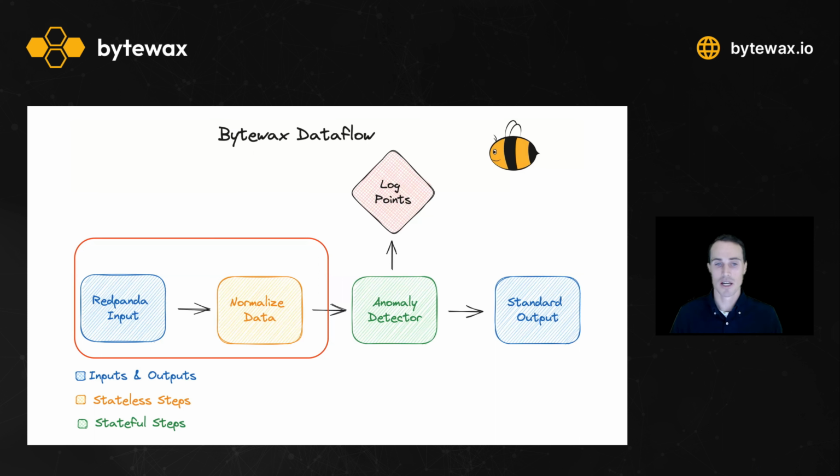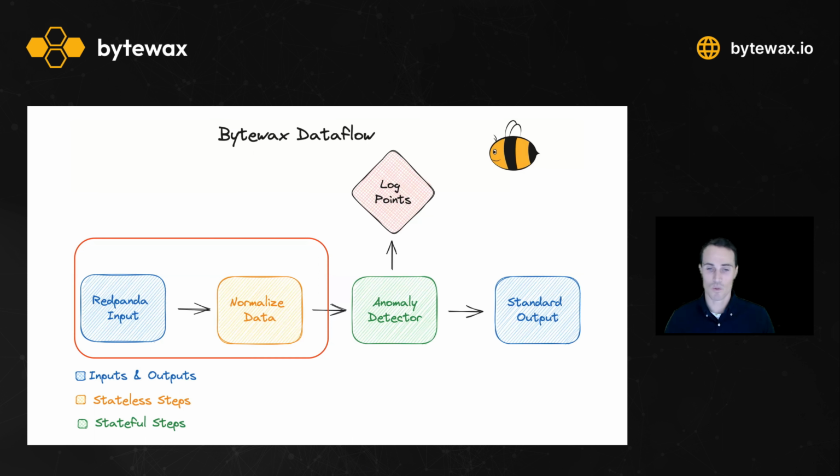This has trade-offs. One of the benefits is that if your data is highly parallelizable, you can have a reduced amount of serialization and passing data around between workers. So you can get some performance benefits there. Anyway, the unit of workload in Bytewax is a data flow, and a data flow has a set of steps in it.